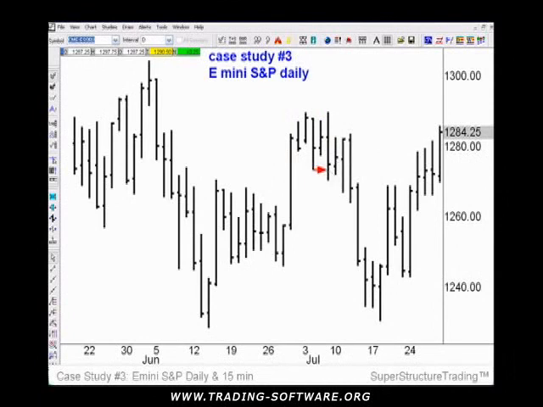Now, if there are no time ranges following this one on its way down that is wider, then this double top here will be the structure in control. In other words, that would be the dominant structure in which other structures will be supporting.